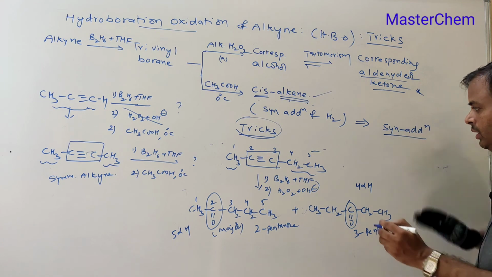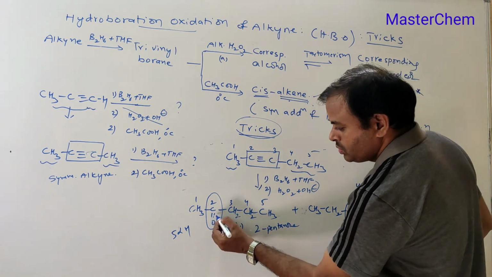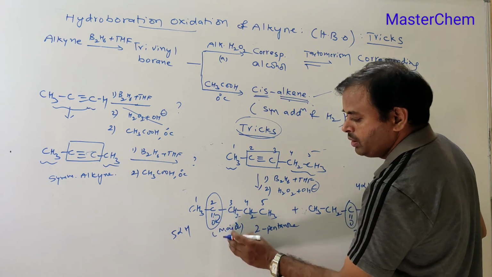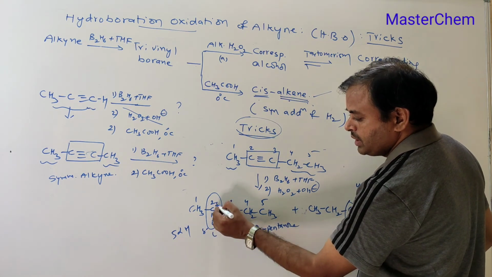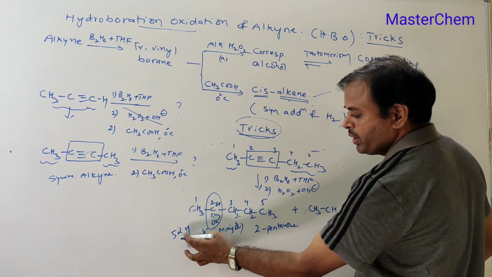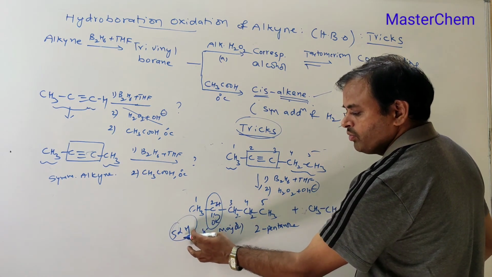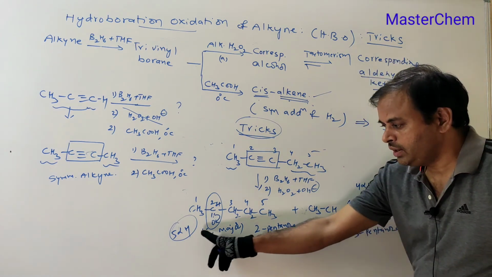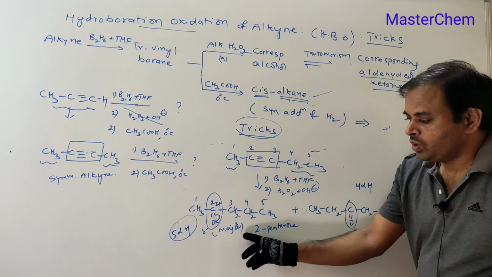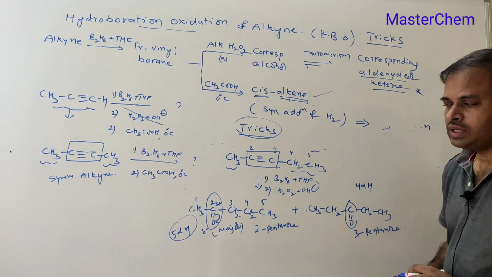Due to the greater electronegativity, oxygen gets a negative charge and the carbon gets a positive charge. To neutralize this positive charge, 5 alpha hydrogens are there, so 5 hyperconjugation structures are possible. That's why this is major and this one is minor.